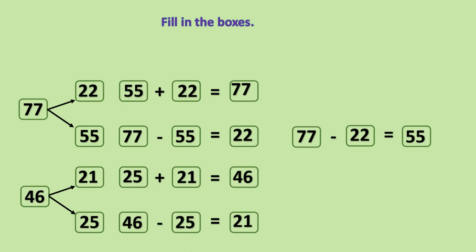Another subtraction example is, we only arrange these three numbers in boxes in their order. 46 minus 21 is equal to 25. In this way one addition example makes two subtraction examples.